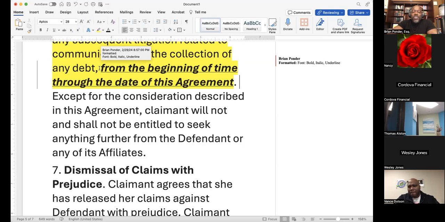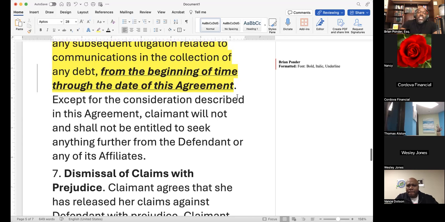So they violated you from Genesis chapter 1 or the Big Bang to the date of the agreement. Anything that they did up to today is forgiven, like Jesus on the cross. That's a good analogy. All sins forgiven until that date. Anything that happens after that is fair game.